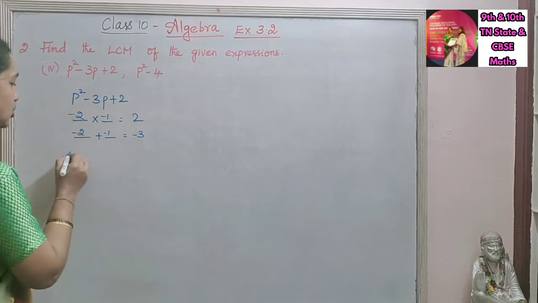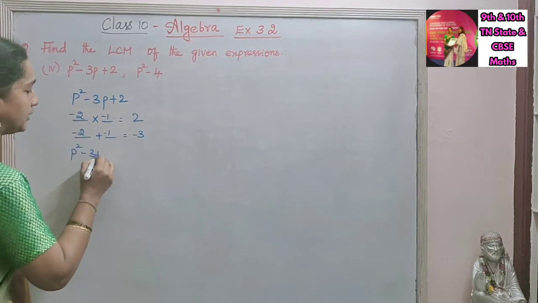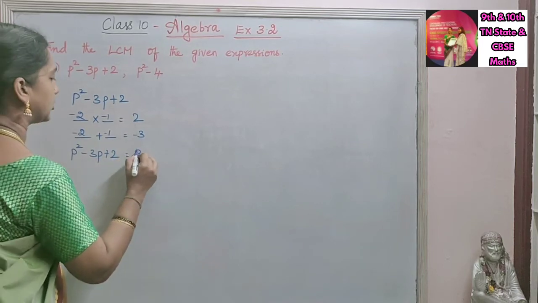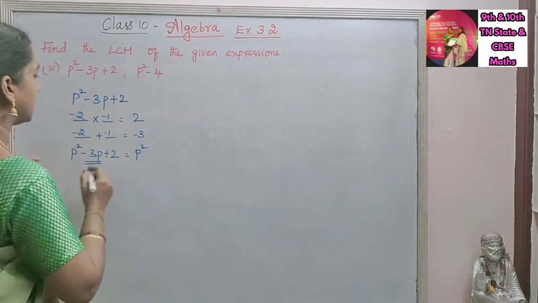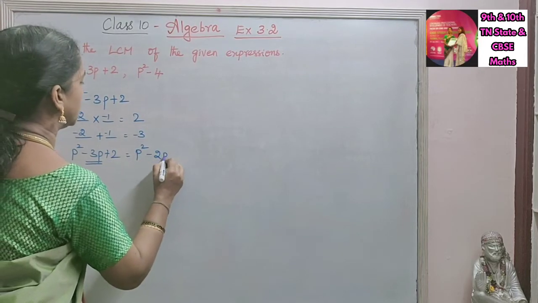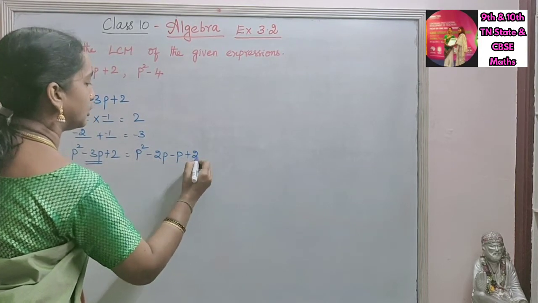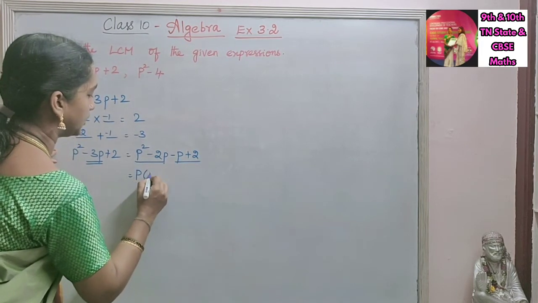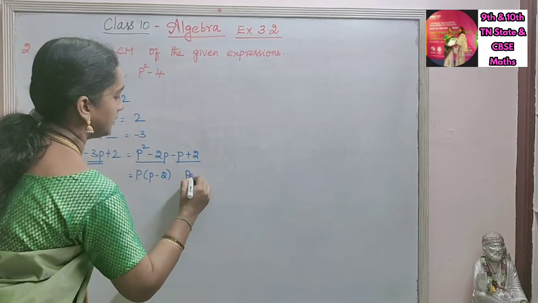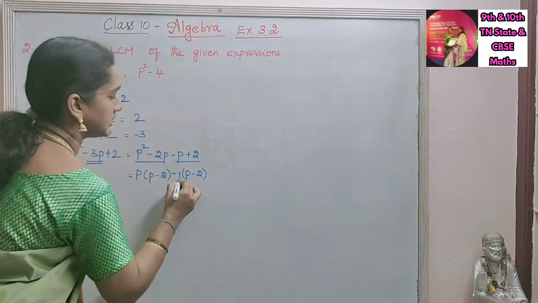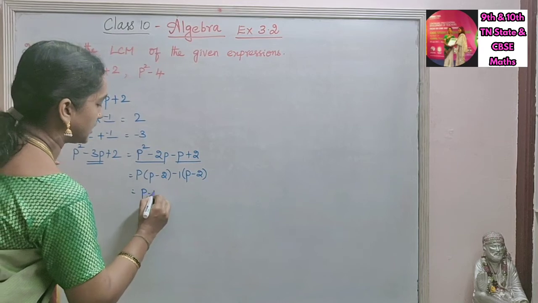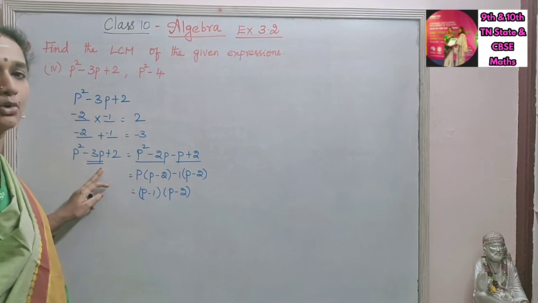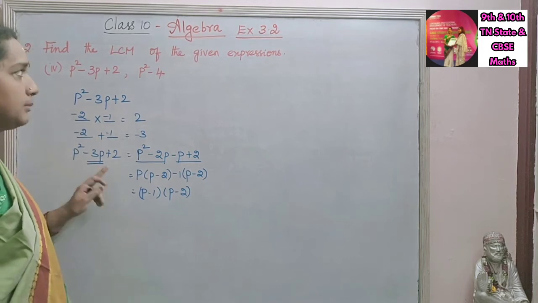So p squared minus 3p plus 2 can be written as p squared minus 2p minus p plus 2. Taking p common from the first two terms and minus 1 from the next two, we get p into p minus 2, minus 1 into p minus 2. So p minus 1 and p minus 2 are the factors of p squared minus 3p plus 2.